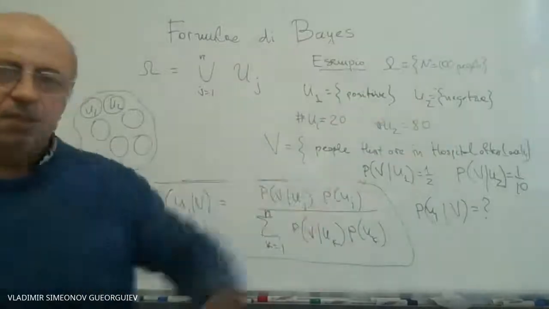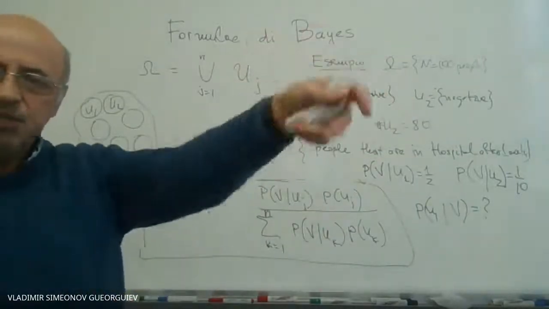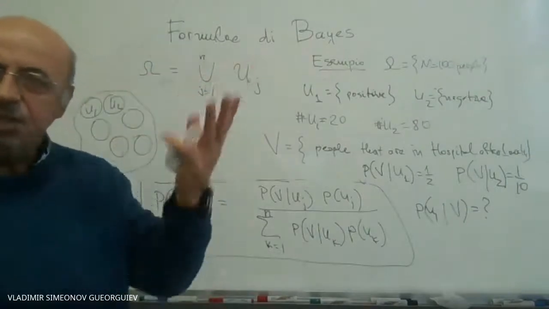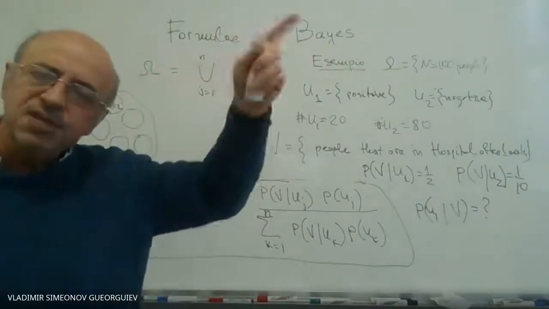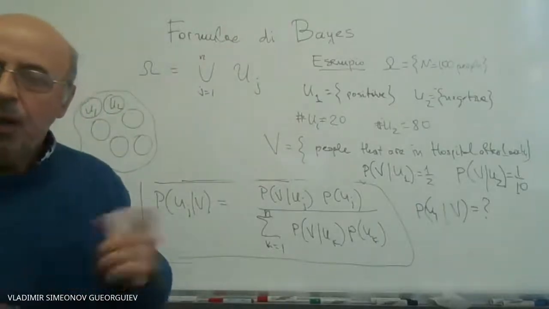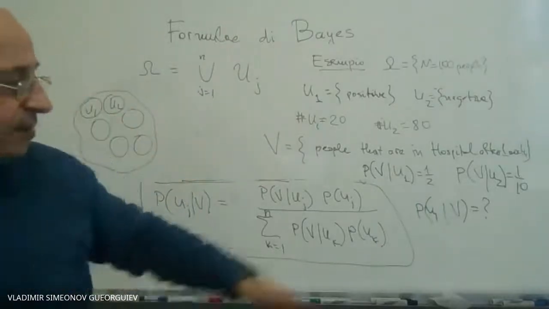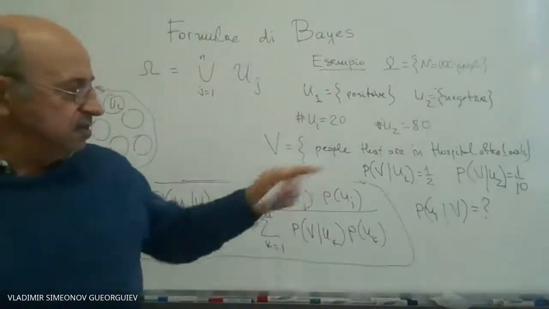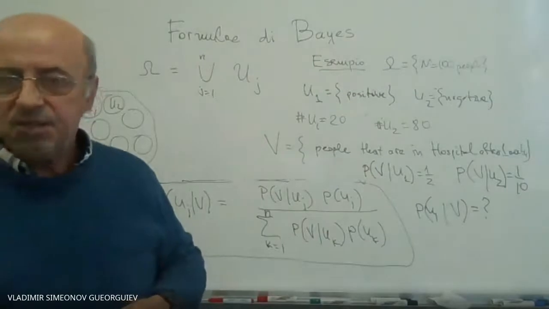So the doctor is going to the hospital, sees one guy who is in very bad conditions, and is thinking, so what is the probability that this guy had already positiveness 1 month ago, and what is the probability, complementary probability shall be to be U2 under the condition this guy is in the hospital.